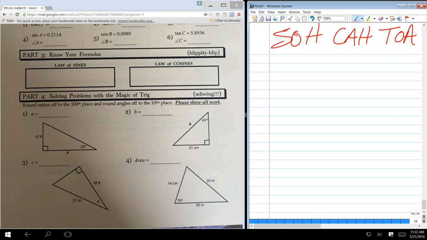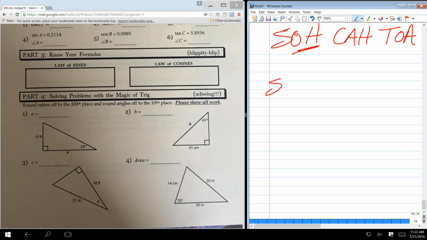Give me the equation. Is that sine? Yeah. In other words, you can always use SOHCAHTOA, and if you know you have an opposite and a hypotenuse, it's got to be that one.